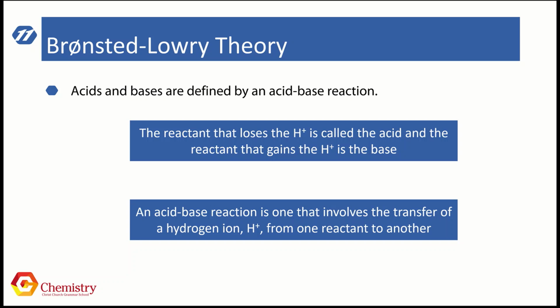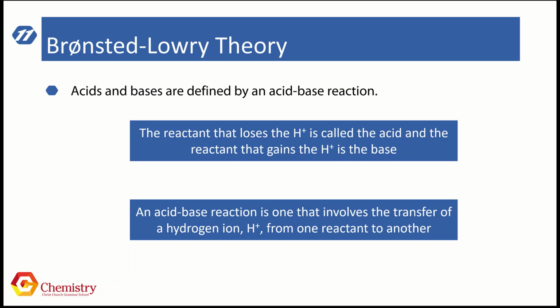While Arrhenius theory says a substance dissolves, it produces H plus ions, therefore it's an acid, and a base dissolves in water and produces hydroxide ions, therefore it's a base, Bronsted-Lowry theory says that you cannot have one thing without the other being present. And this is summed up by the two boxes in blue.